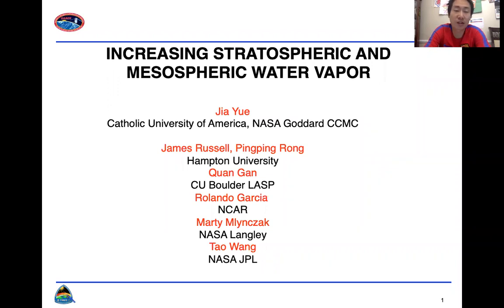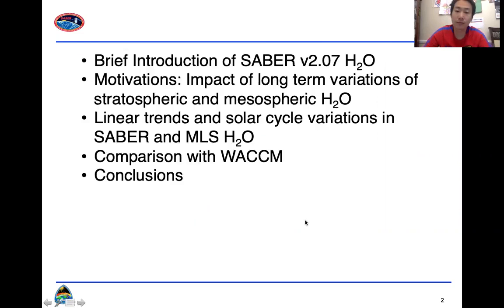So this presentation is about increasing water vapor in the stratosphere and the mesosphere observed by satellite. I first briefly introduce the CEDAR water vapor data and give some impact of the long-term changes of water vapor in the stratosphere and the mesosphere.